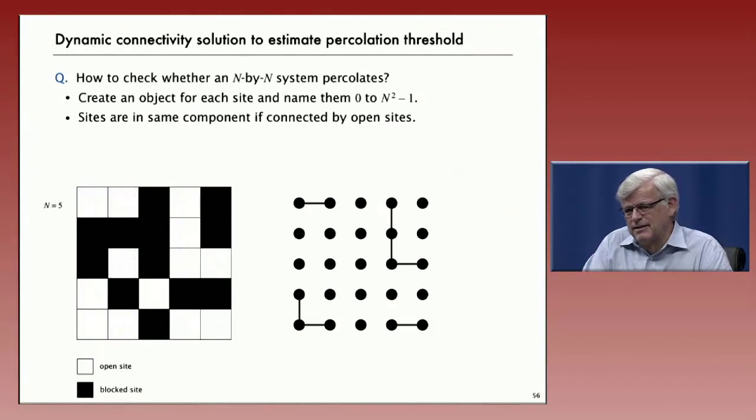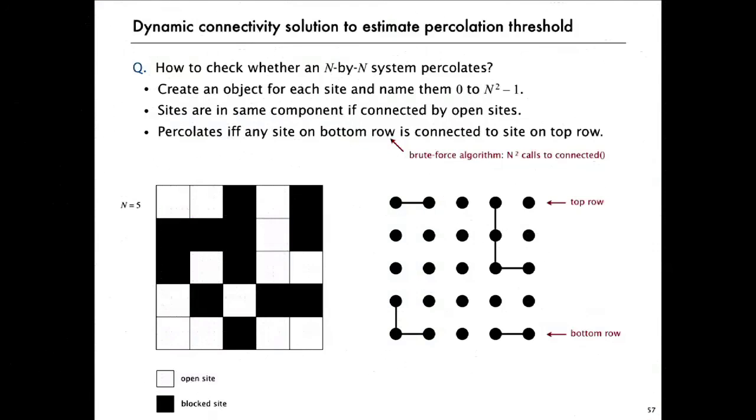So the percolation model on the left corresponds to the connection model on the right, according to what we've been doing. Now, you might say, well, what we want to do is check whether any site in the bottom row is connected to any site in the top row and use union find for that.